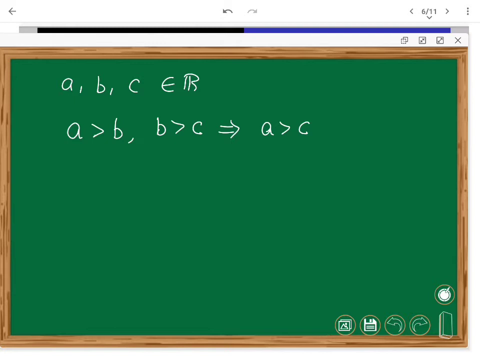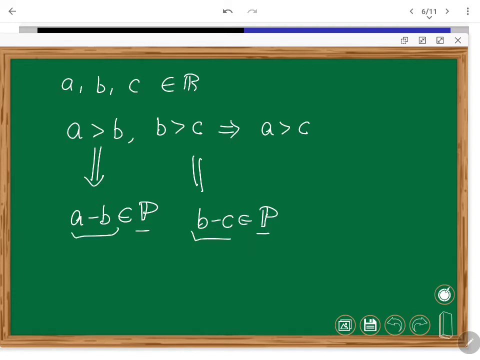Proof is very beautiful. See, A greater than B. This implies what? In our language, A minus B is a positive element. So it's a member in P. The second one says B minus C is in P. But remember, P is closed under addition. So these two members, A minus B and B minus C, can be added together.